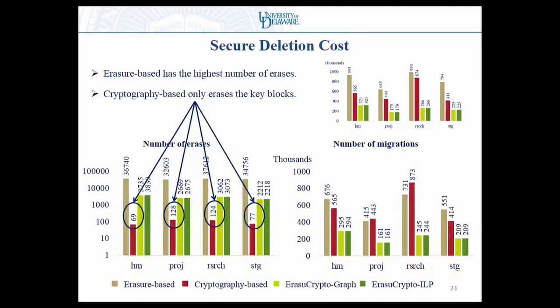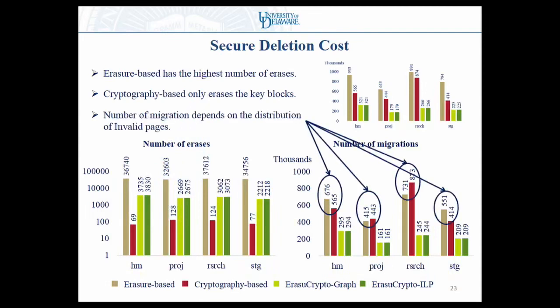And then, as you can see, the number of migration depends on the distribution of the valid pages. In some of our benchmarks, the valid pages are somehow gathered in blocks, while in others they are gathered in groups. So it depends on the benchmark.